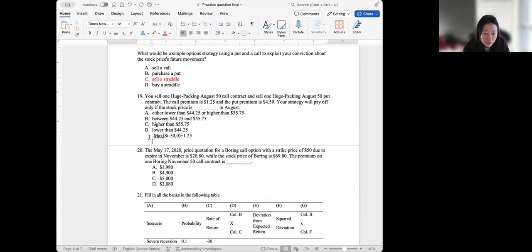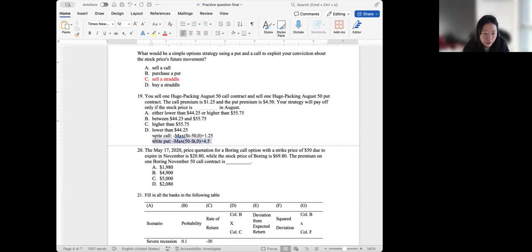This is the call position, right? Call, would be negative. We're using exercise price 50 minus ST, where ST is the stock price, plus 4.5.